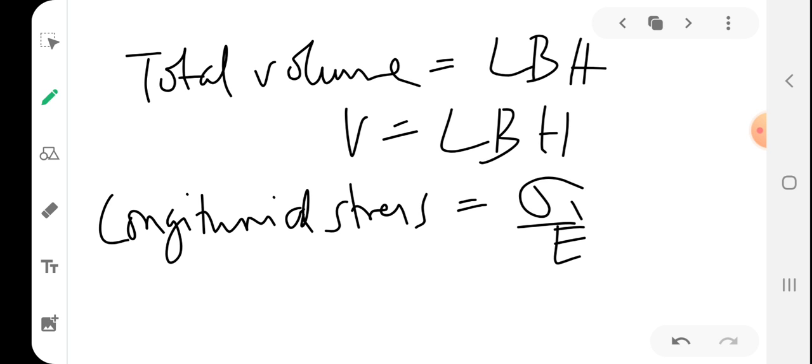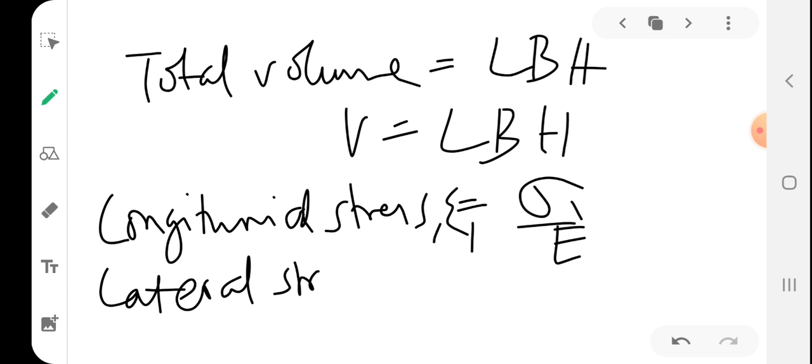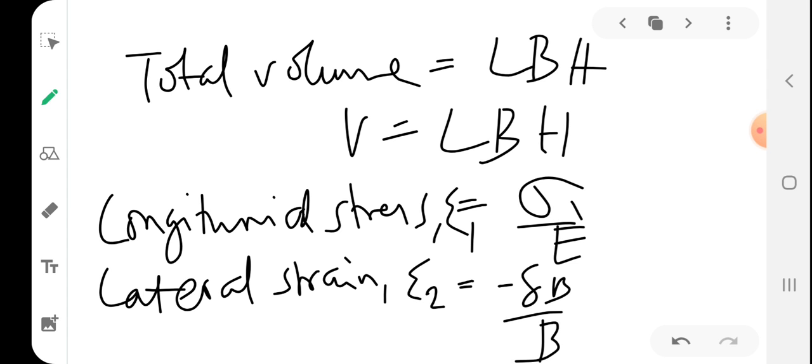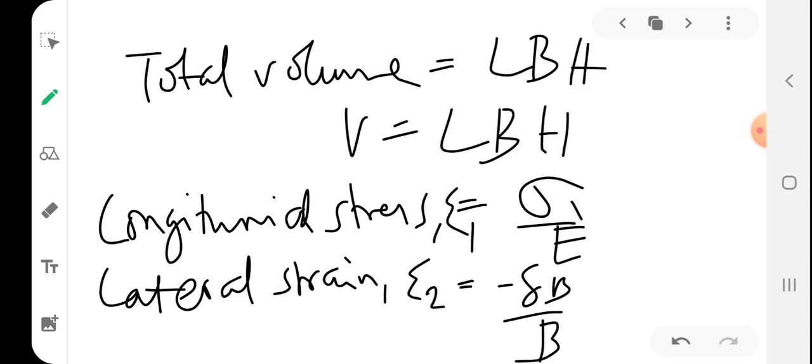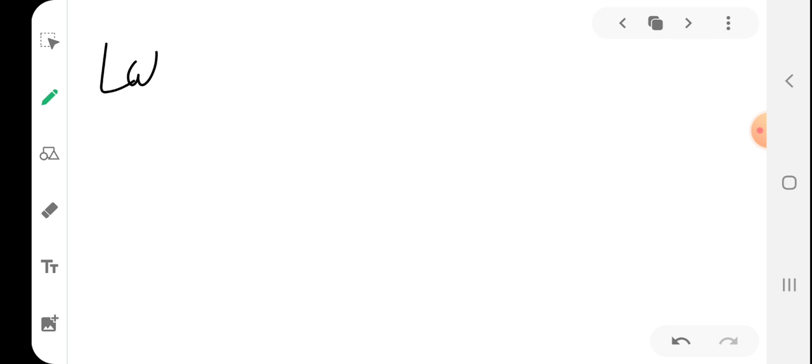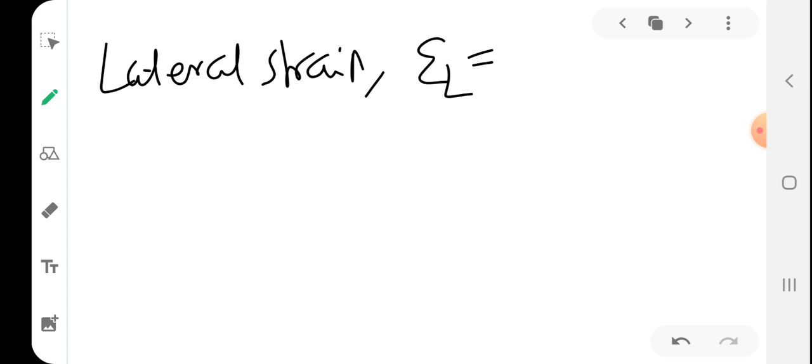Similarly, the lateral strain epsilon 2 is equal to minus delta H by H, as the height is getting reduced. Another lateral strain, epsilon 3, will be minus delta B by B, as the breadth B is getting reduced.